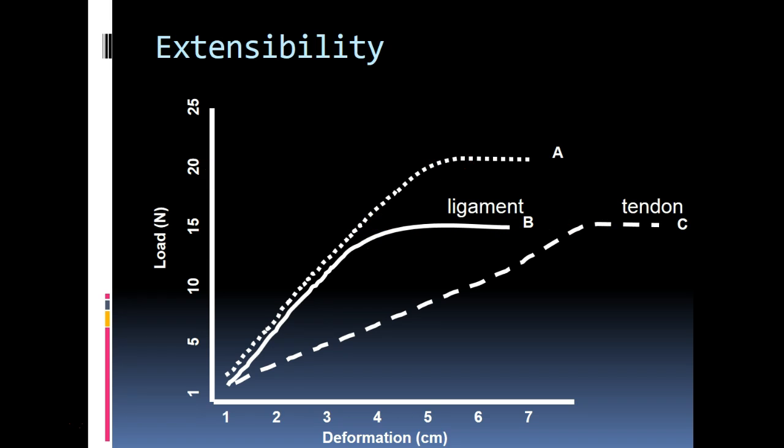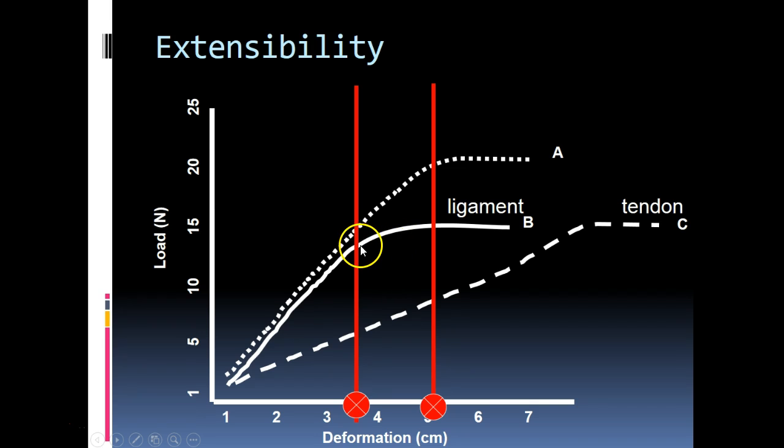Would it help you to know that this is ligament, this is tendon, and A is muscle? What we can see is that for A, the deformation occurs at about 5 centimeters before suffering injury.